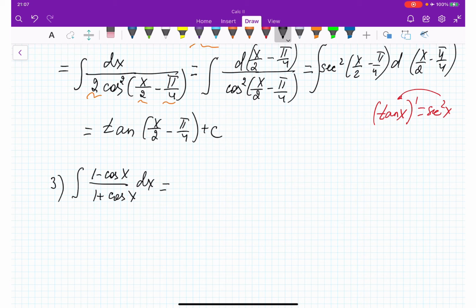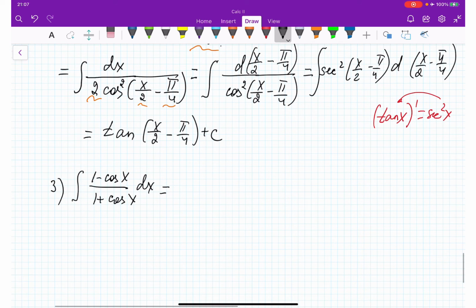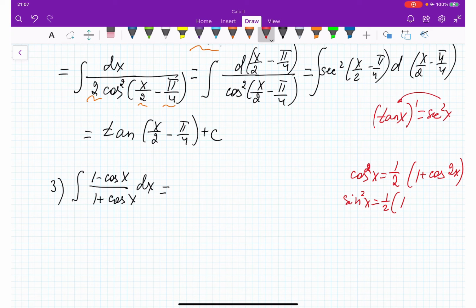So we have, one more time, the formulas: cosine squared x is equal to 1/2 (1 plus cosine 2x), and sine squared x is equal to 1/2 (1 minus cosine 2x). So what do we have here?